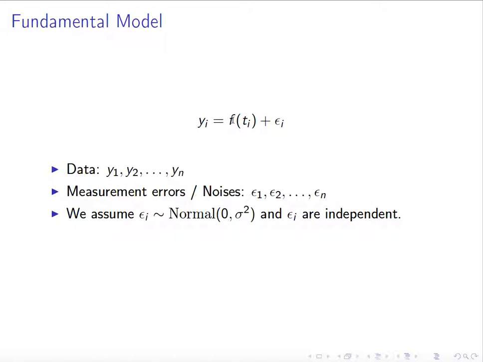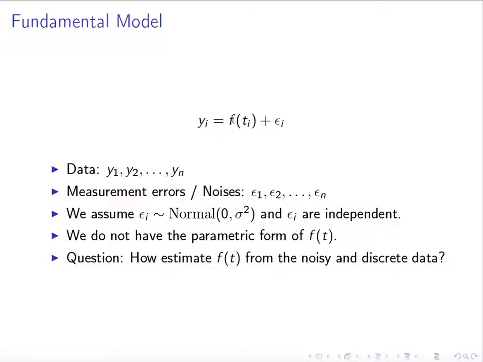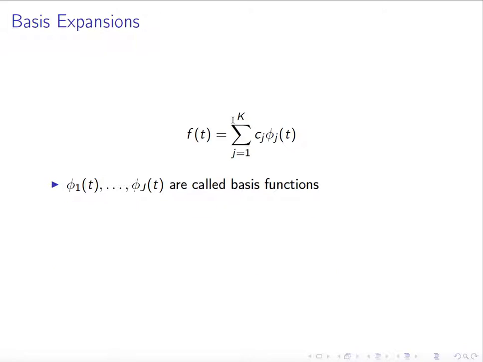We assume that this random error epsilon i follows a normal distribution with mean 0 and variance sigma squared, and that the measurement errors are independent. We don't make any parametric assumption on f of t. So now the question is how can we estimate f of t from the noisy and discrete data?